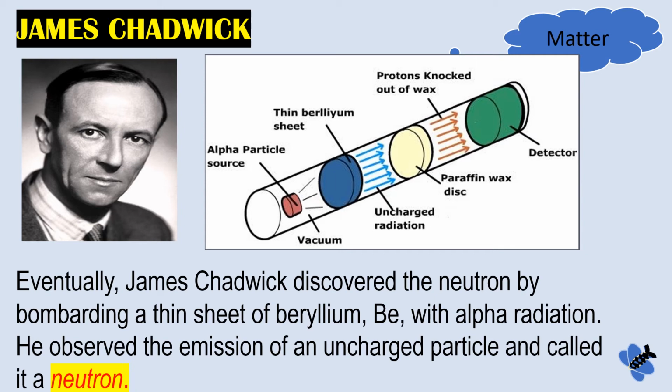Based on the amount of protons that were detected, Chadwick was not only able to prove the existence of the neutrons, but also discovered that they have the same size as a proton.